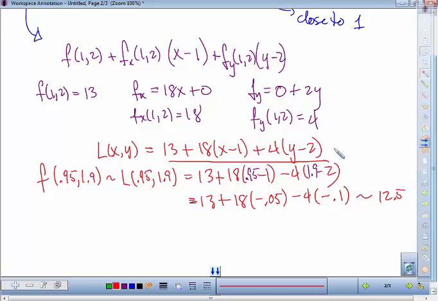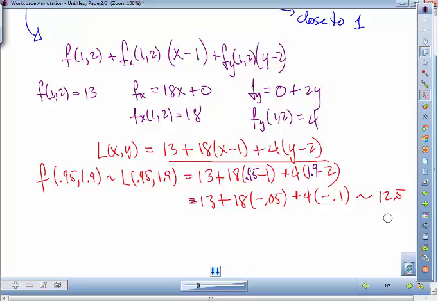So, yeah. Is it plus 4 instead of negative 4? Oh, yeah. Thanks. Now we need to fix that. Still 12.5?